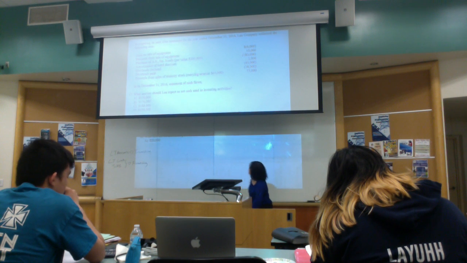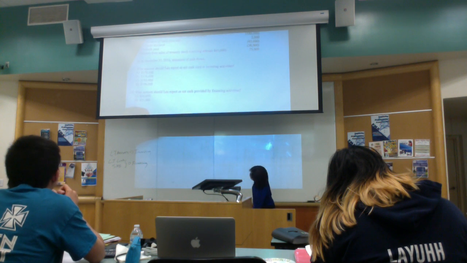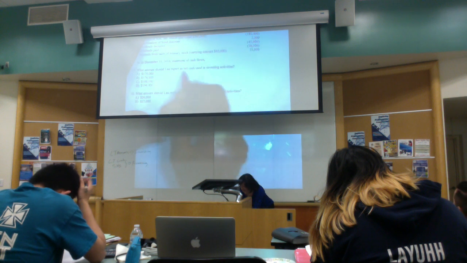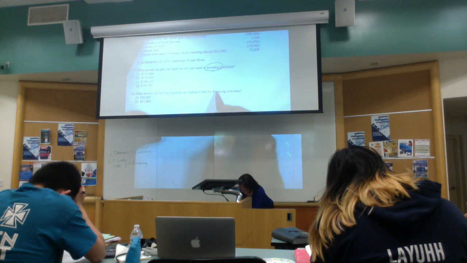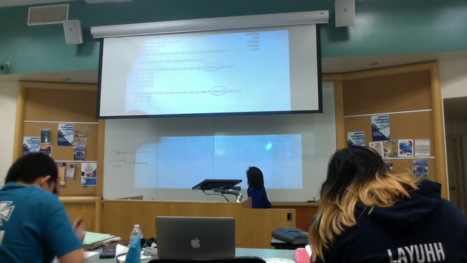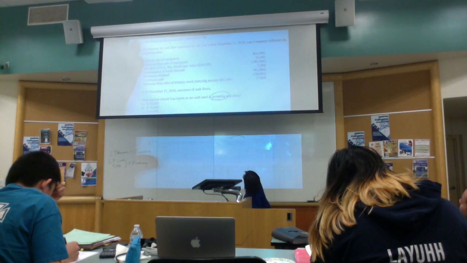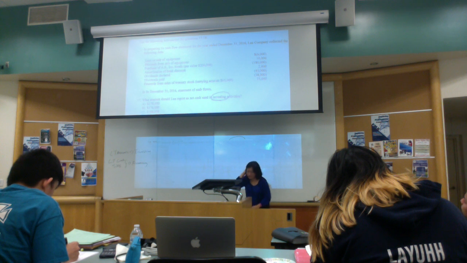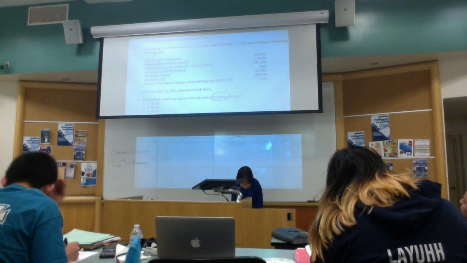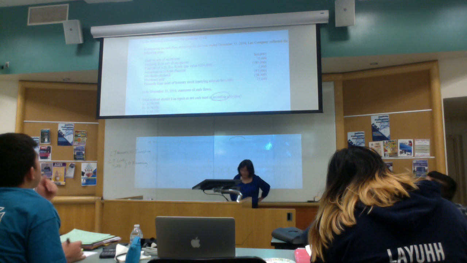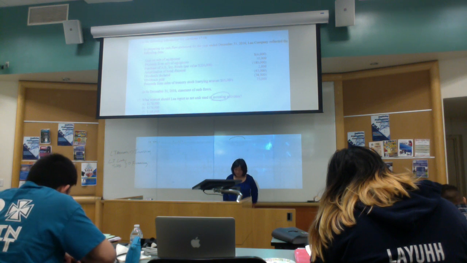Okay, so these next two questions are asking for what is net cash flow from investing activities, what is net cash flow from financing? All right, so let's go through the first one. Gain on sale of equipment, where would that show up?